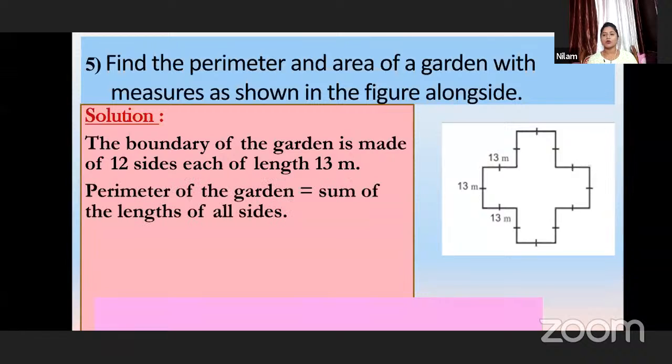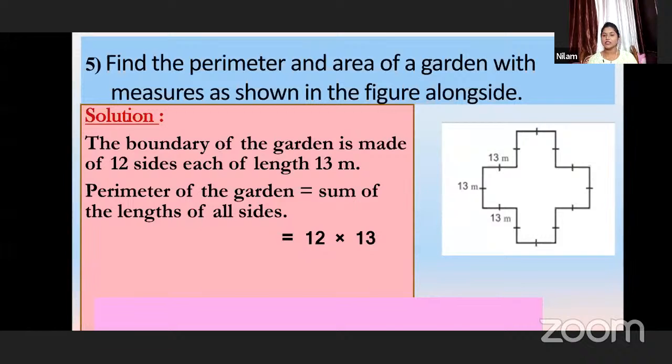So perimeter, what is the formula of perimeter? Sum of the length of all the sides. As the length of each side is same, instead of adding all the numbers, we can do simple multiplication and easily get the answer. So 12 times 13.